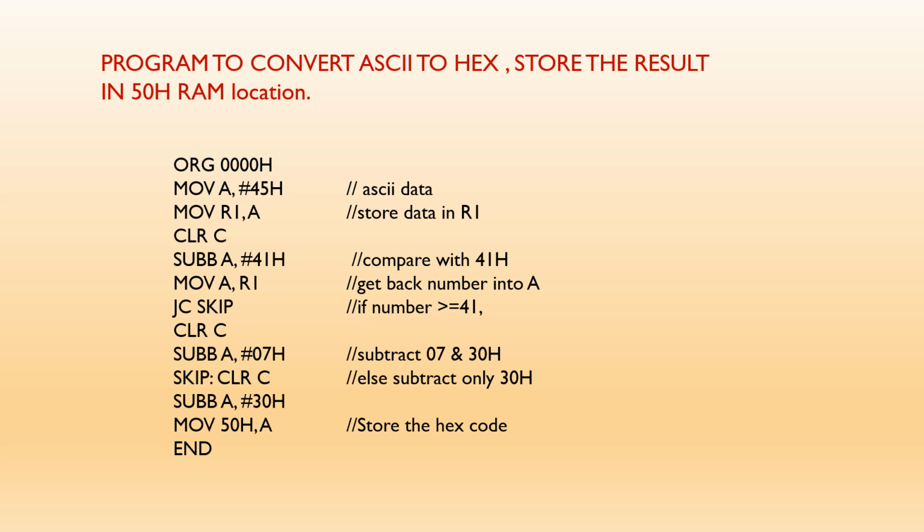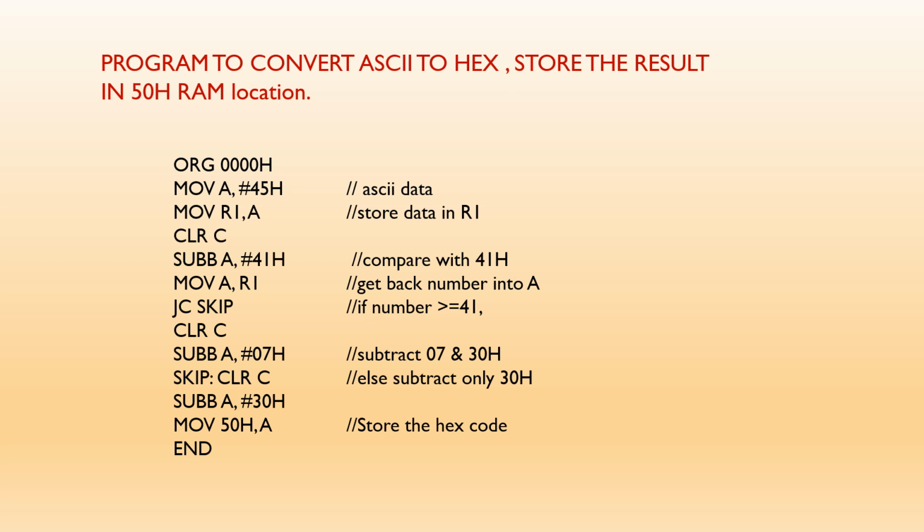If the content of register A is less than 41, then the carry flag is set. If it is greater than or equal to 41, then the carry flag is equal to 0. After the subtract instruction, I'll check the carry flag.